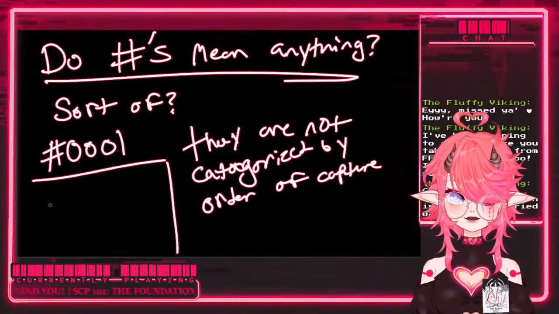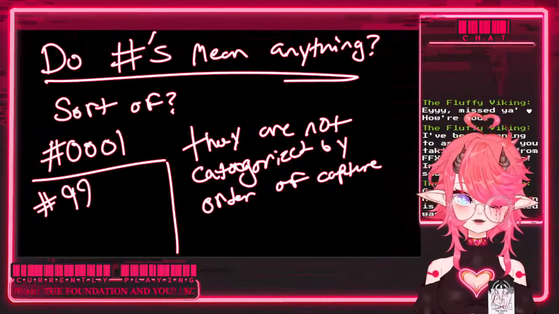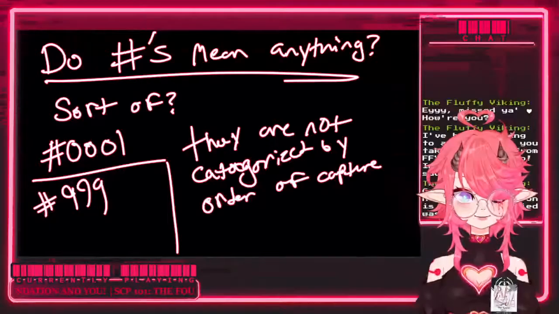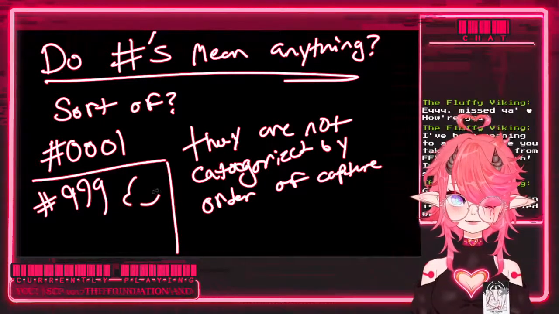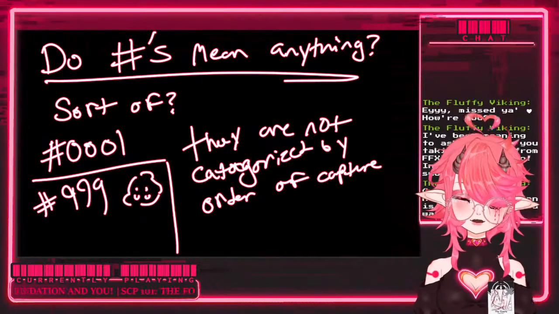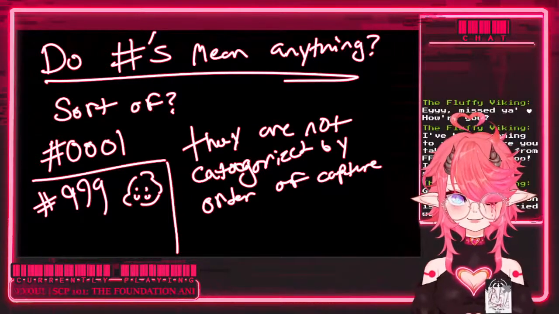So, for instance, if we think of 999, SCP-999 is that cute little blobby boy. He's a little friend. Or we can think of it like, say, Shy Guy, for example.